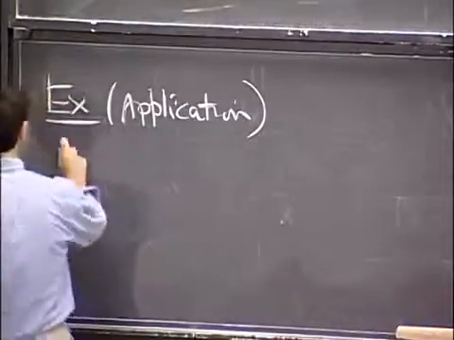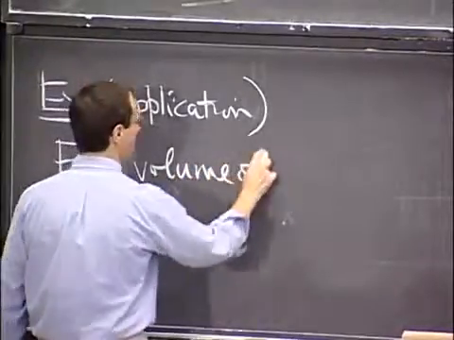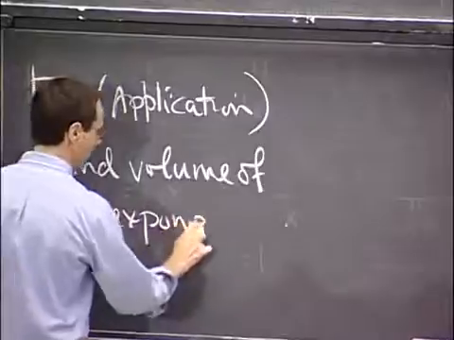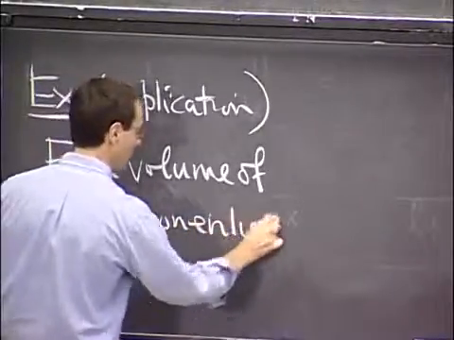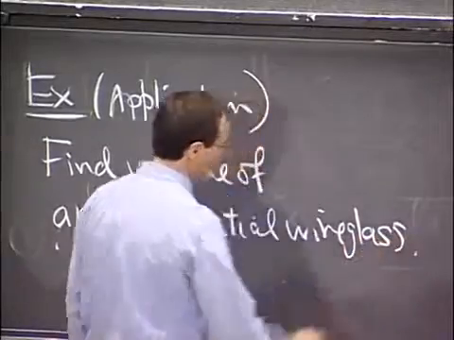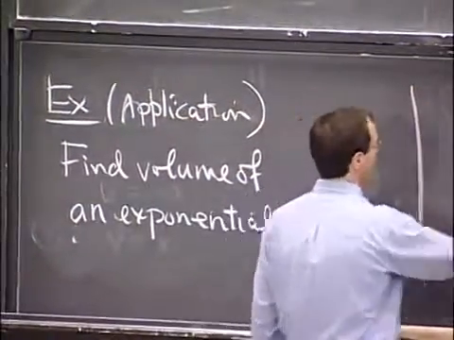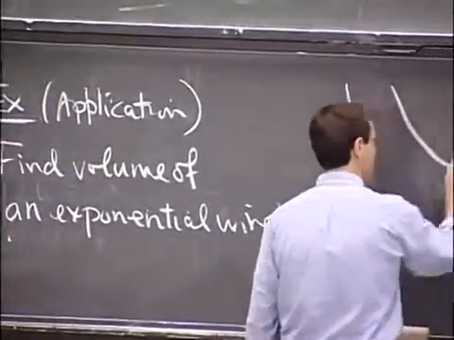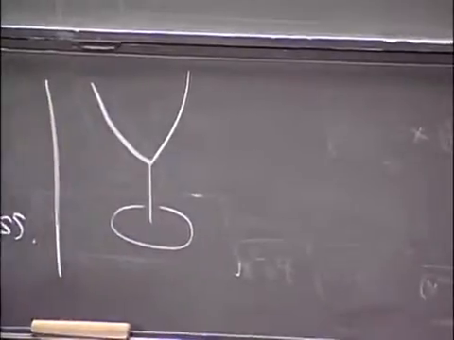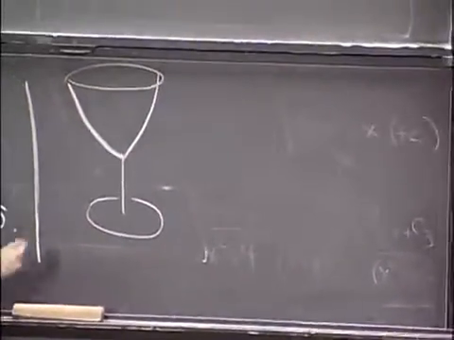And we're going to find the volume of an exponential wine glass here. Again, don't try this at home. So let's see. It's going to be this beautiful guy here, I think. Okay, so what's it going to be?